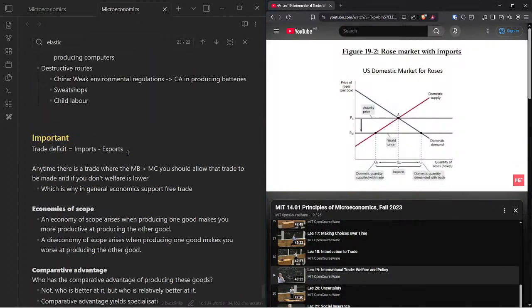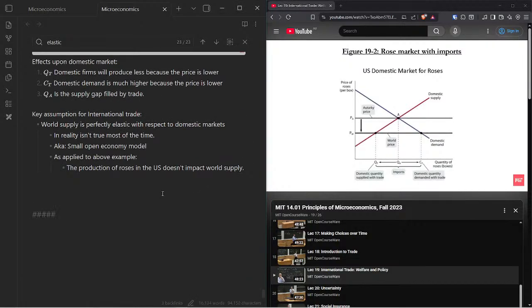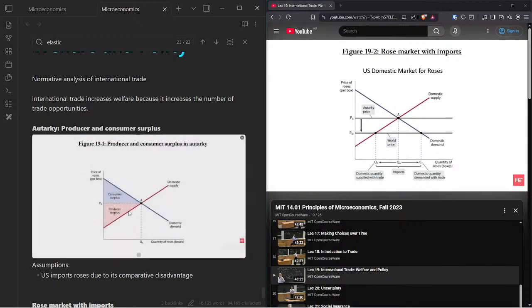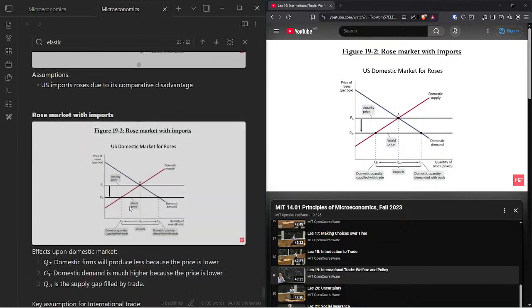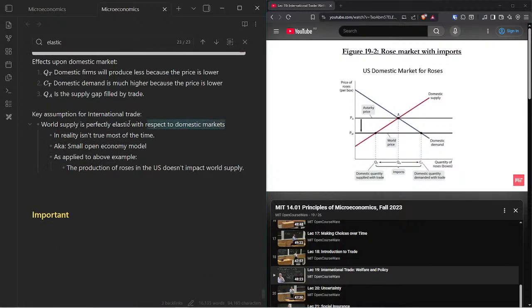Let me start making my little notes here. Autarky. Okay, copy that down.